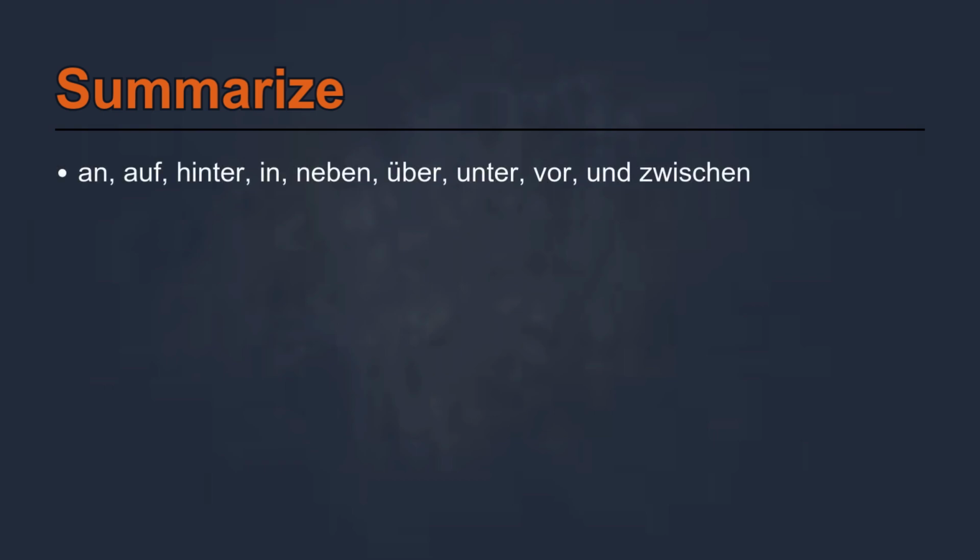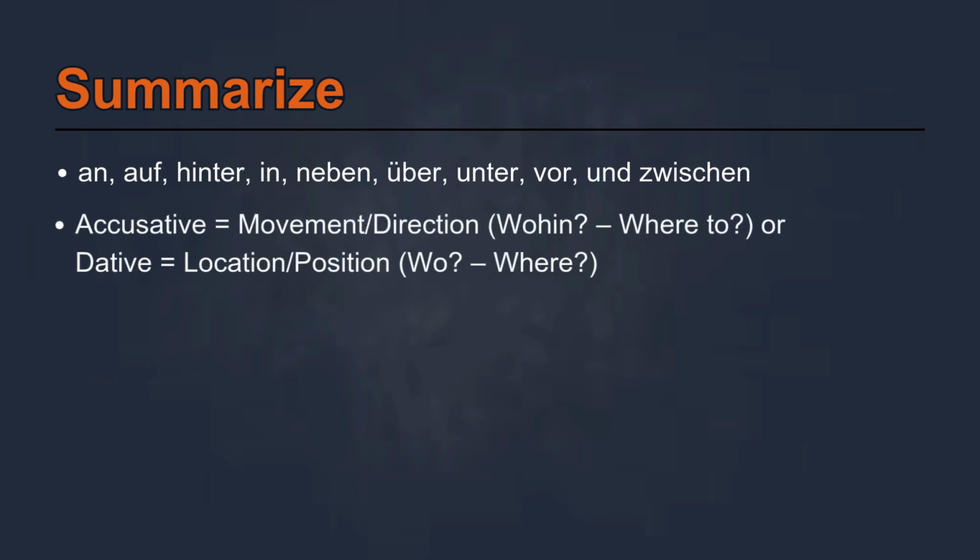Let me summarize the key points about two-way prepositions. First, there are 9 two-way prepositions that can take either accusative or dative: an, auf, hinter, in, neben, über, unter, vor, zwischen. Second, the golden rule.